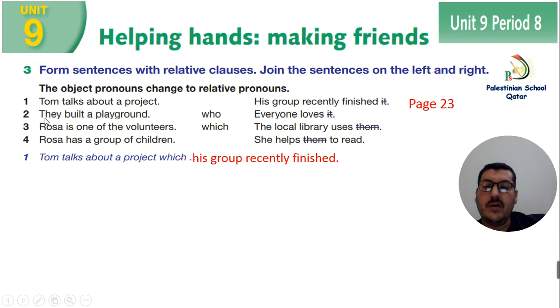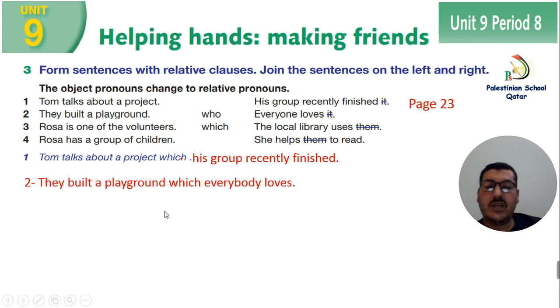Number 2, they built a playground. Everyone loves it. And it also refers to a thing, so we need to put which. So they built a playground which everyone loves. Number 3, Rosa is one of the volunteers who the local library uses, because them refers to people, of course.